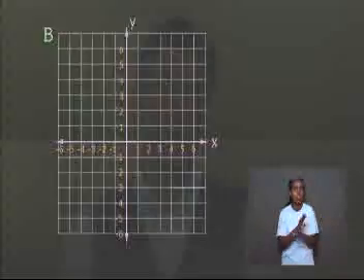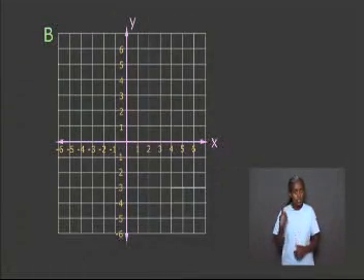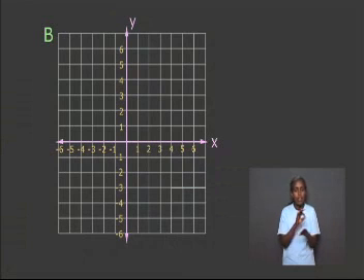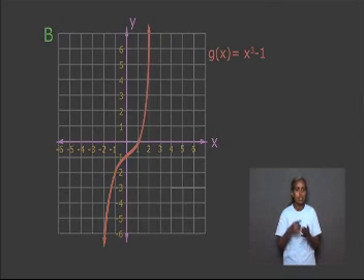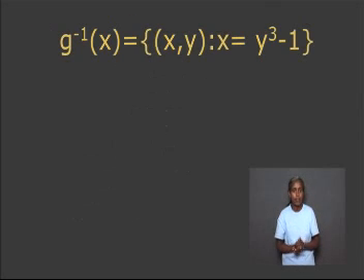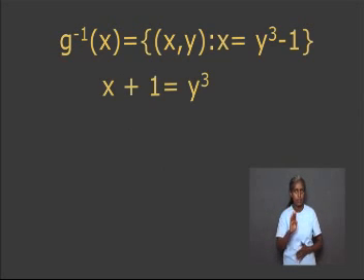Now we must repeat the same procedure for function B. First, we see that function B gives us this series of points. Therefore, the graph of function B is plotted in this way. Now we find the inverse of function B. x plus 1 equals y cubed.